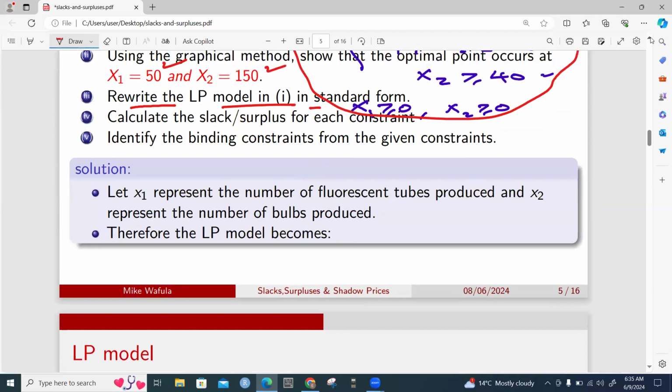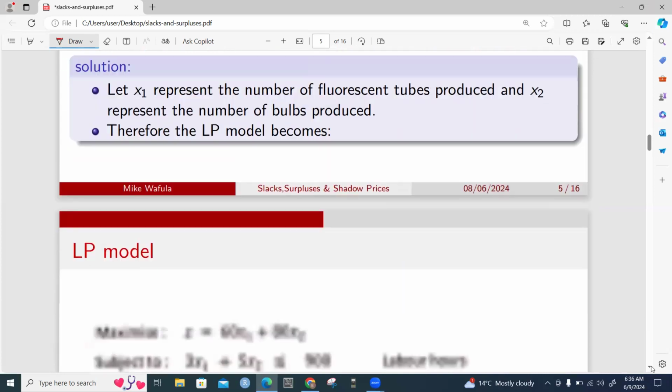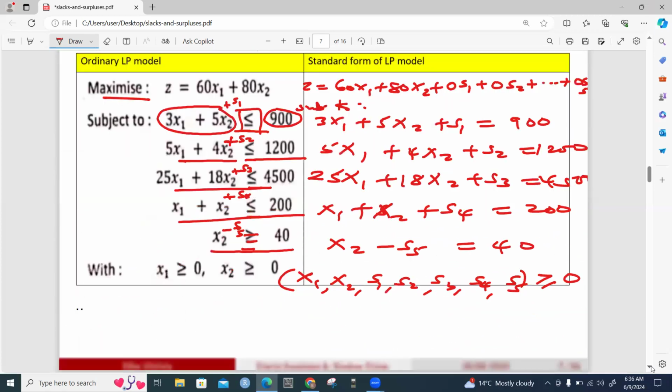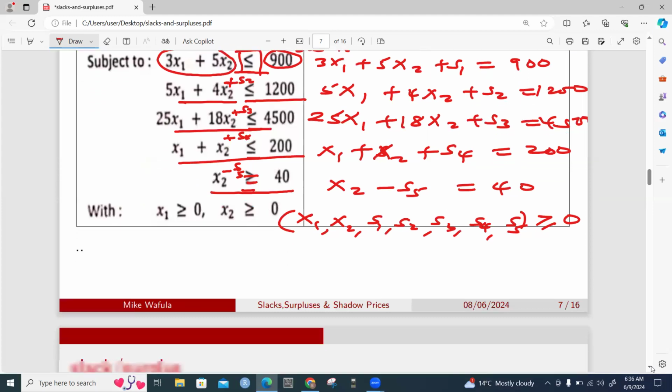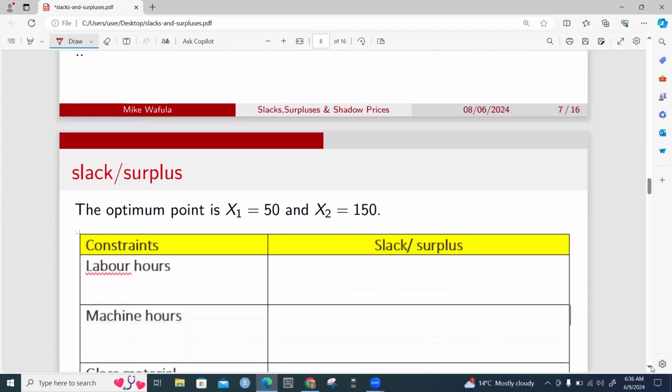Now, once we've been able to express it in standard form, it is easy for us to calculate the slack and the surpluses associated with each of the constraints. So, for example, if I want to calculate the slack or surplus associated with the labor hours constraint, remember we only calculate the slacks and surpluses at the optimum point of the solution.